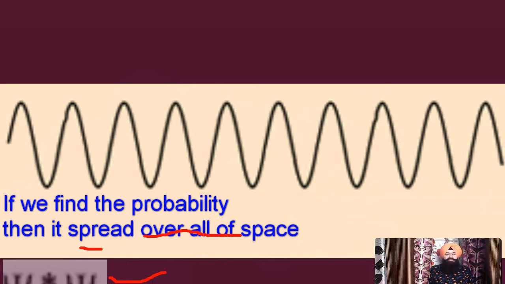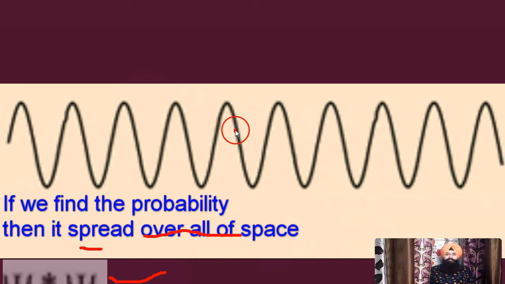Psi star psi. The probability is spread all over the space, so it is very difficult to tell where the particle is. It exists in all of the space, meaning the uncertainty in the position is almost infinite.